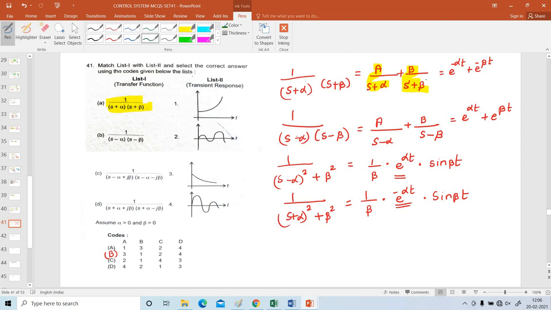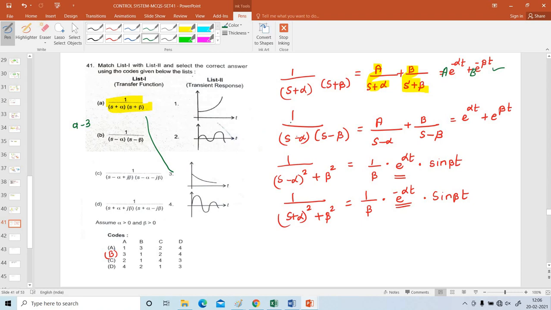So how to write this? A into e power minus alpha t plus b into e power minus beta t. Here, this is the decreasing exponential. So a is equal to 3, decreasing exponential.